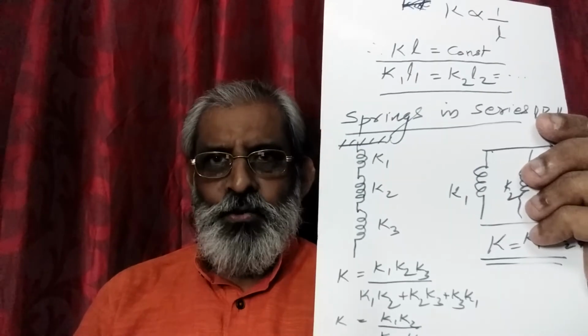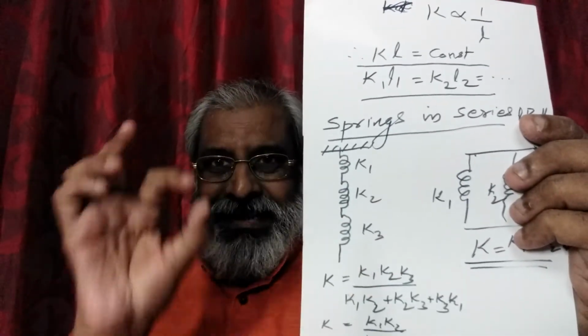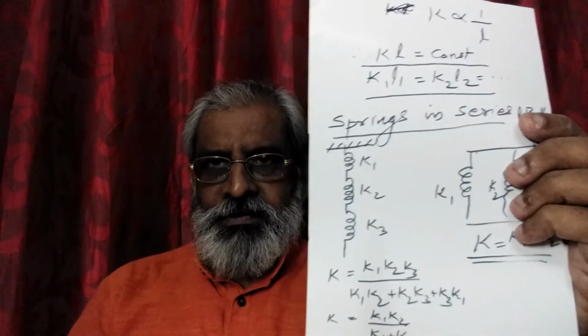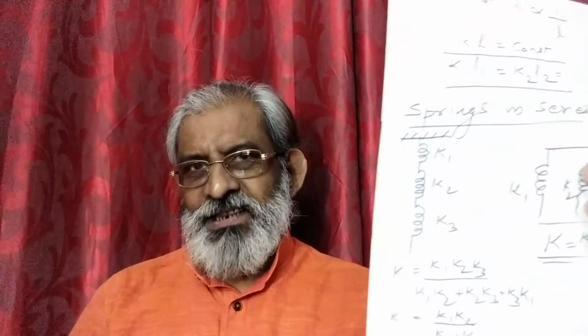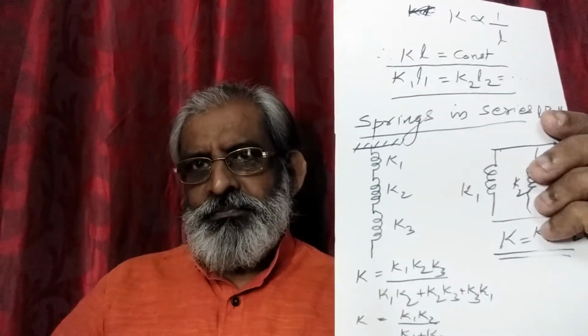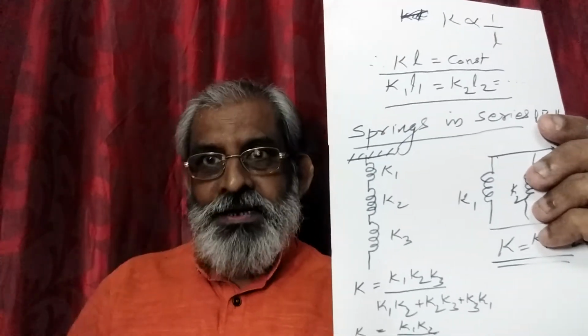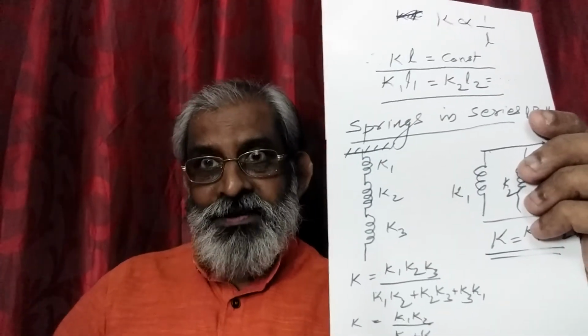This is a series combination, just like resistance connection. Here, the equivalent K factor obeys the reciprocal law. That is, the equivalent K of the combination, let it be K, 1 by K equals 1 by K1 plus 1 by K2 plus 1 by K3.